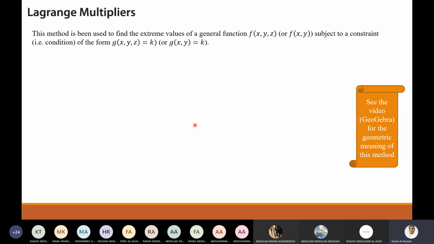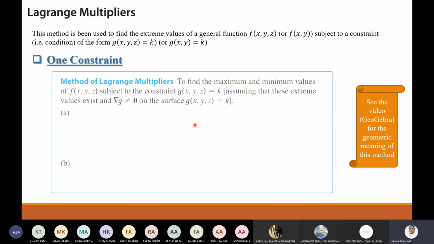But let's say I don't have the software. I want to find it by hand. With the software I have to do trials until I get it this way. So now, with one constraint, the method summarizes it this way. To find the maximum and minimum values of f of x and y subject to the constraint, by the way, guys, you can deal with a function of 3 variables or 2 variables, it all works.